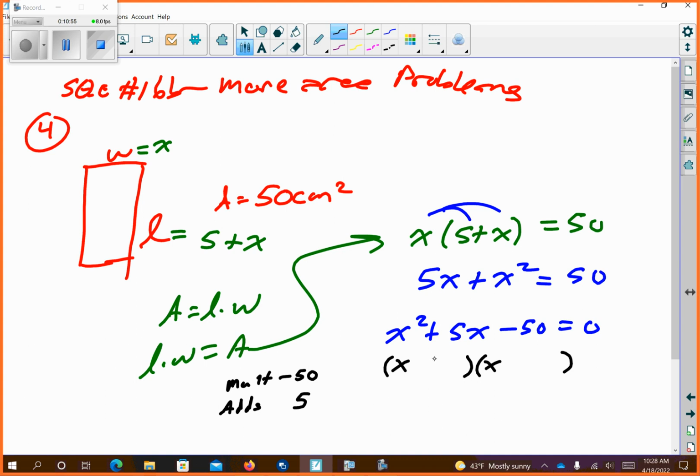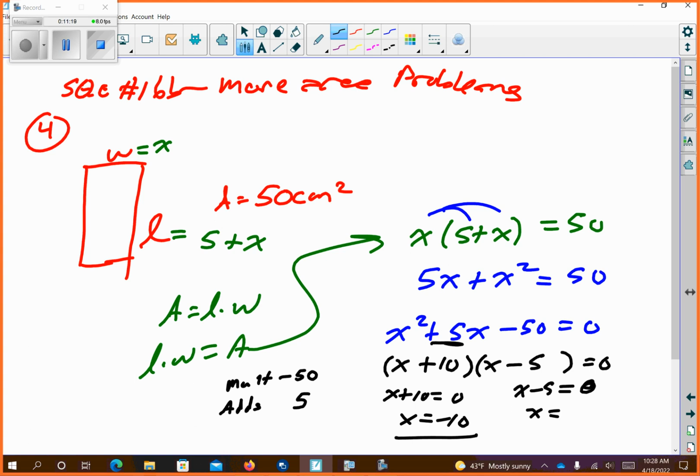One of them has to be positive, one has to be negative. Which one's positive? Yeah, positive 10, negative 5. And one of these I can eliminate right away. That's exactly right. That's not going to work because I can't have a negative side. So I'm going to get this equals 0.